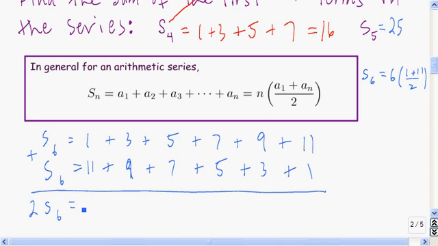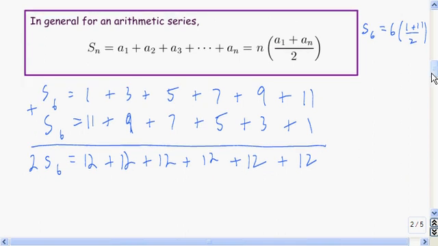Alright, so then I have 1 plus 11, that's 12. Plus 3 plus 9, that's 12 also. 5 and 7, 7 and 5, 9 and 3, 11 and 1. So I have 1, 2, 3, 4, 5, 6 terms in my sum, which means I have 6 12s.